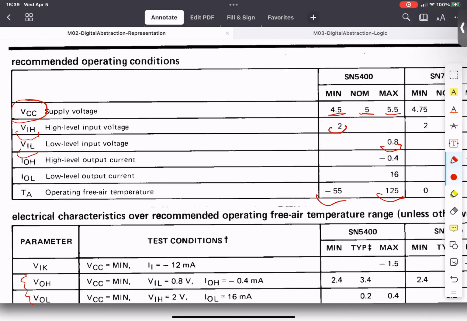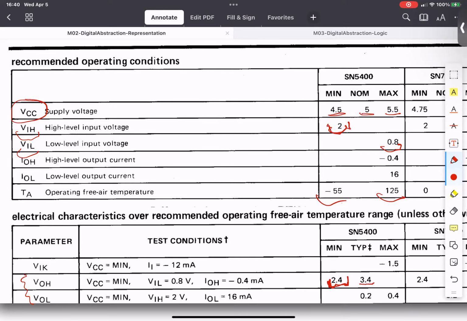In this particular case, it says that whenever it is outputting a 1, a high value, it will output at least 2.4 volt, and typically 3.4 volt.